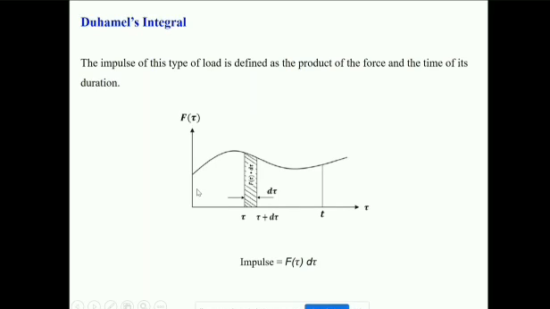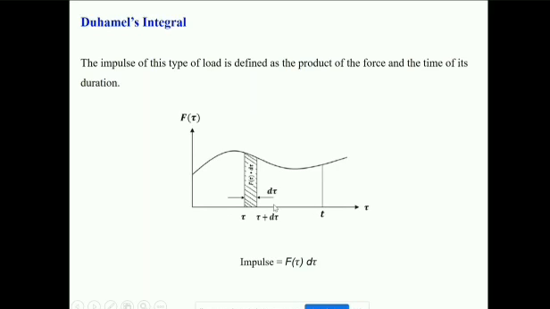So if we divide it into a large number of infinitesimal strips, and consider each strip an impulse, and for each of these we sum up or integrate the effect on the response at time t, then possibly we'll be able to get the response due to the total forcing function varying in an arbitrary way, up to a time t.